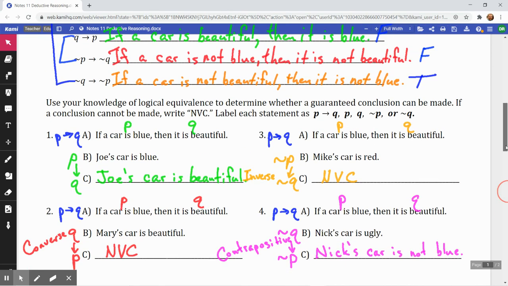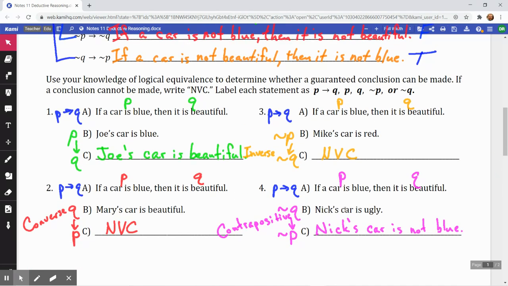We have this conditional, and we had this information that started us with the opposite of our conclusion, so we were able to end with a claim that referred to the opposite of our hypothesis. So there's the four cases. We have two cases where it is okay to make a claim and two cases where it's not. It's all dependent on what's being said and what order it's being said.